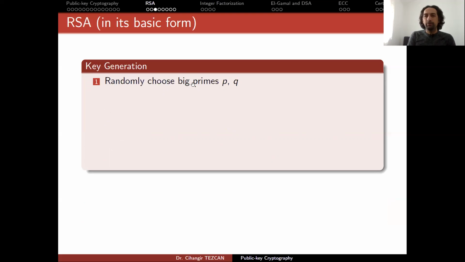We already had a lecture about randomness, so you know what we mean by random here. But the problem is how we can choose such big primes. In the next video, I will explain what is used in practice and what kind of algorithms we have so that we can check if a given number is prime or not. And we will actually be using randomized algorithms there.